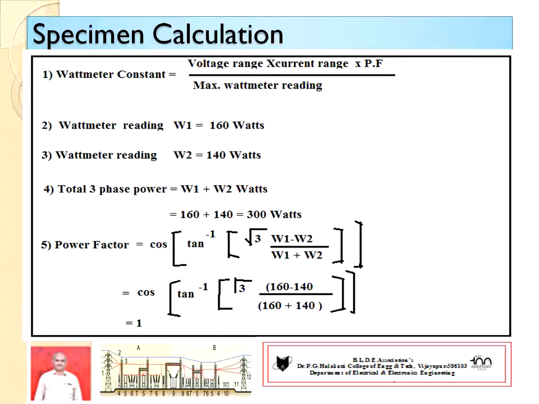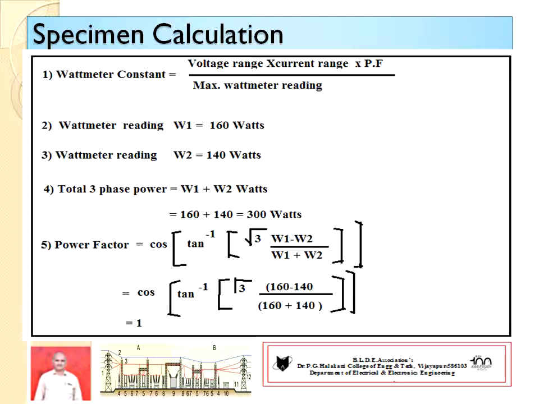Don't get confused: these voltage range, current range, power factor and maximum watt reading are all related to the wattmeter only. Which type of wattmeter you are using, the voltage range of the wattmeter, the current range, the power factor of the wattmeter you are using, so it is related to the type of wattmeter only.